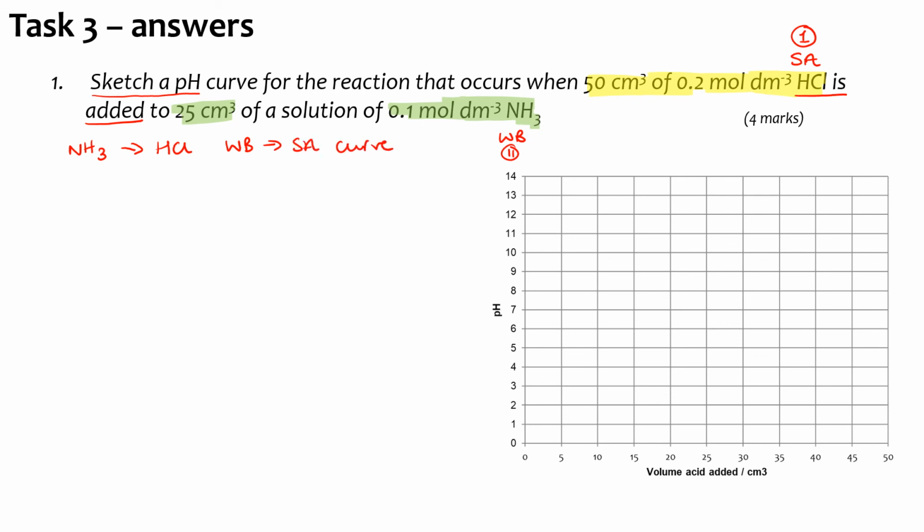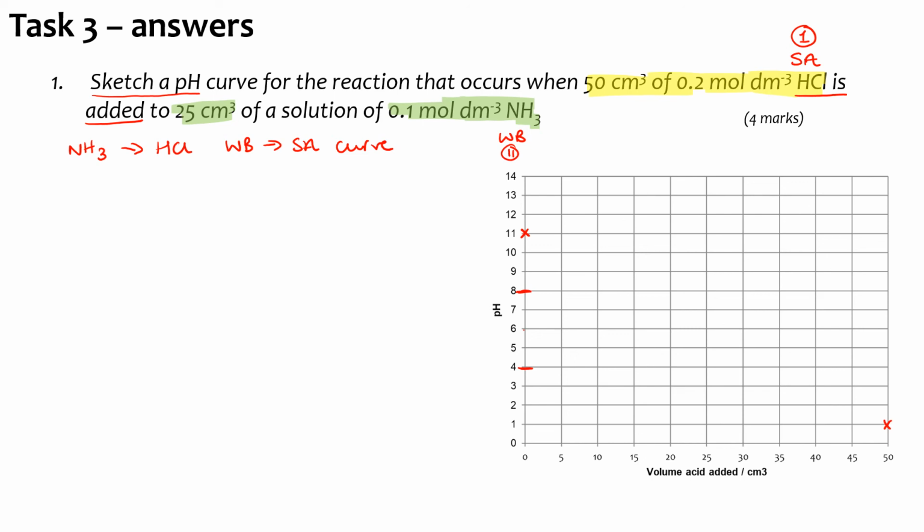So we're going to be starting at around pH 11, and it's going to be ending up at around pH 1. Now, if we think about the equivalence point here and where that will be, the straight part of the graph will be with the equivalence point in the middle. But it's going to be going from around pH 8 to around pH 4 with an equivalence point of around pH 6 in the middle just there.